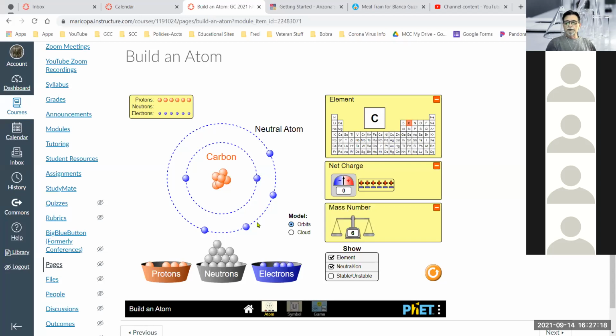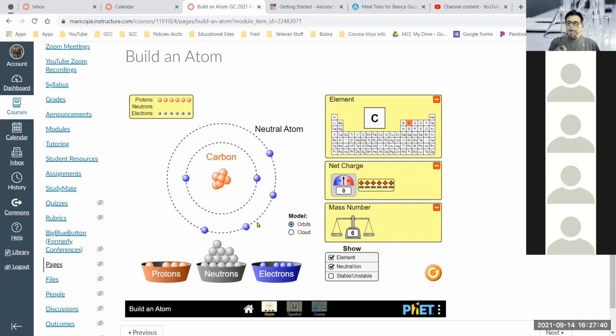Okay. So if you look at your periodic table, you'll see that carbon is number 6. Carbon has 6 protons and 6 electrons, okay? And has a net charge here of 0 because I have equal number of protons and equal number of electrons.